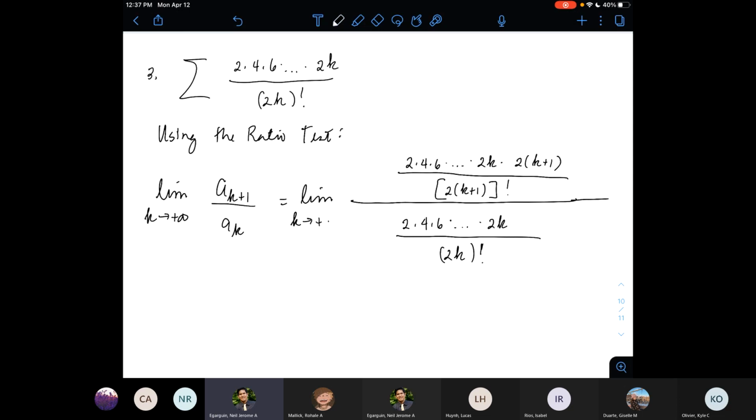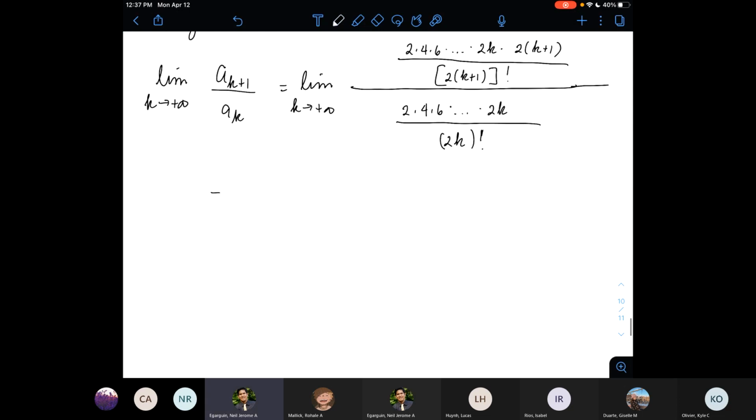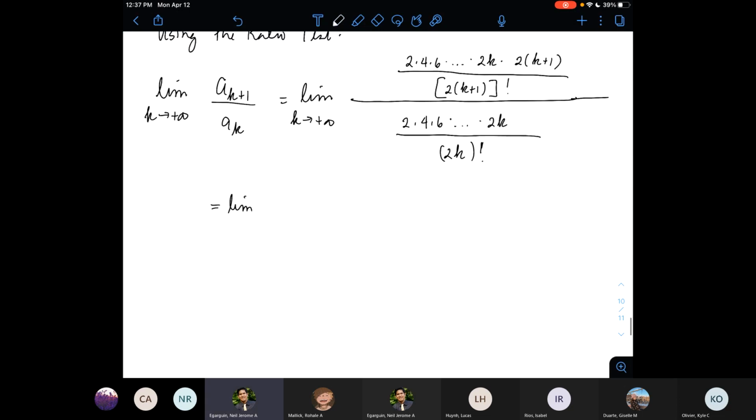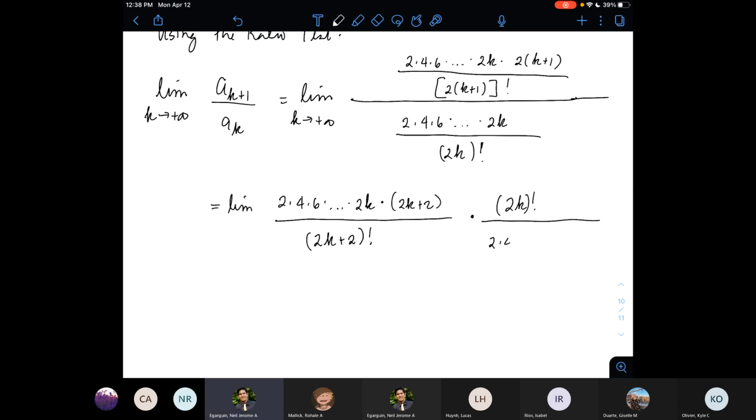And take the limit as k approaches infinity. Now let's turn it into a product. So I'll have 2 times 4 times 6 times up to 2k times 2k plus 2 all over 2k plus 2 factorial, times 2k factorial over 2 times 4 times 6 until 2k, and take the limit as k approaches infinity.